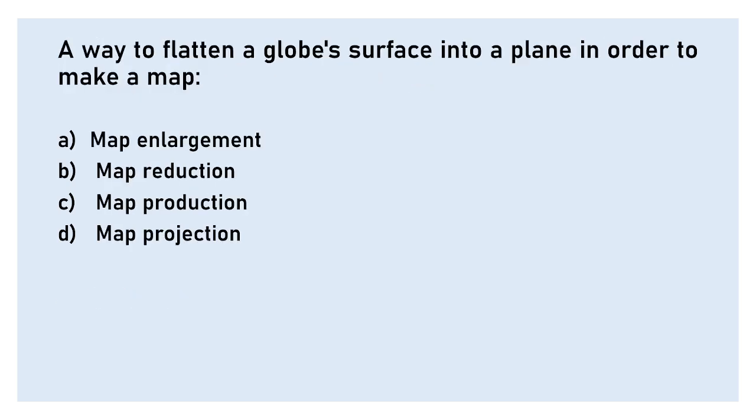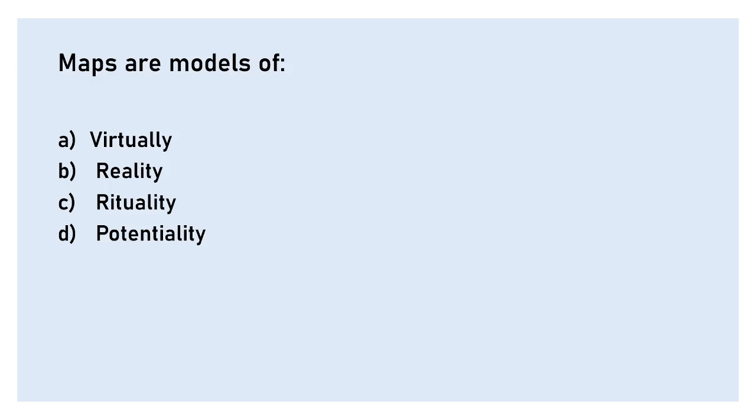A way to flatten a globe surface into a plane in order to make a map is known as map projection. We just discussed it. Maps are models of virtuality, reality, rituality, potentiality?